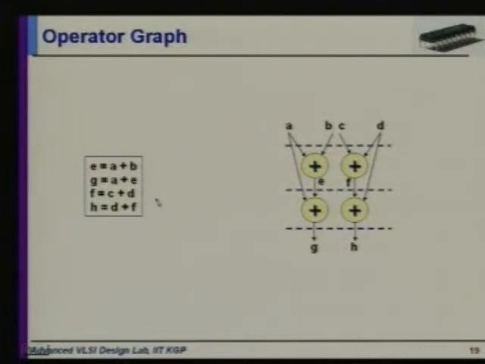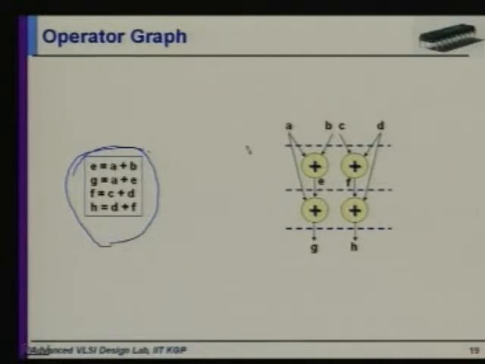Okay, so let's go through the first step. Suppose somewhere in some module, you have written these steps. E is equal to A plus B, then G is equal to A plus C, then F equal to C plus D and H equal to D plus A. These are some arithmetic operations that you have written in your Verilog code.